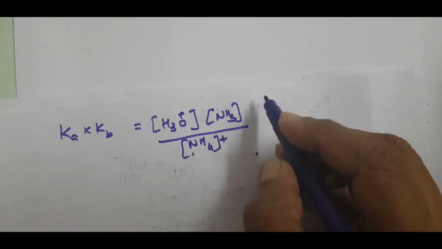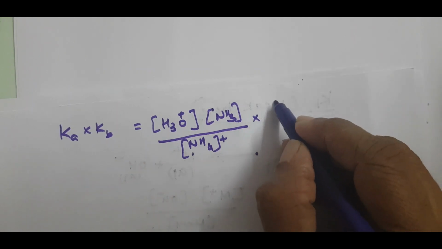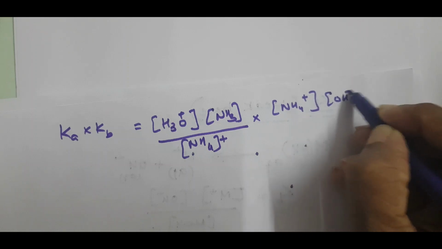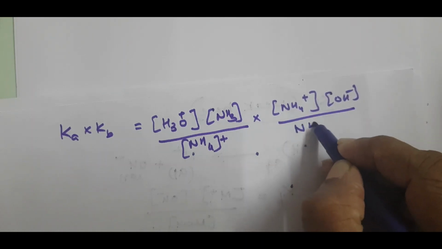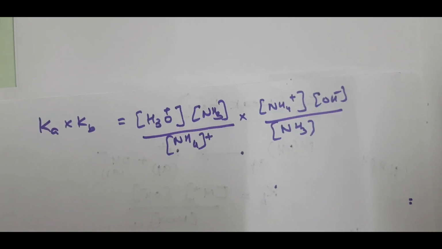So I will write it. H3O plus into NH3 divided by NH4 plus. Now, Kb is NH4 plus into OH minus divided by NH3. So this is Ka into Kb.